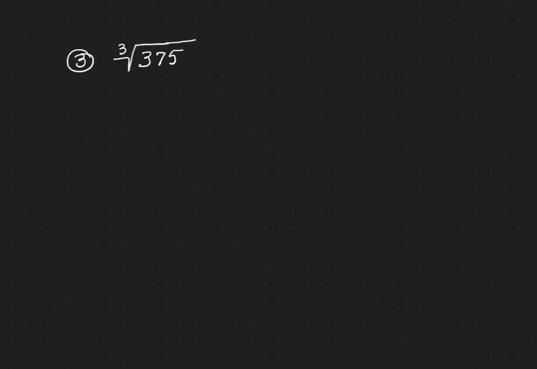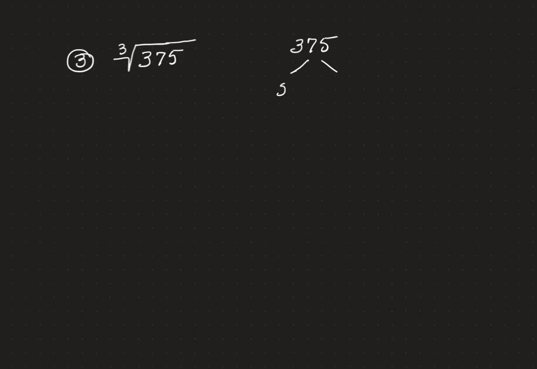Okay, but no, I do not have the cube root of 375 memorized. And at this point, I'm not exactly sure what the largest cube is in there, although as I'm looking at it, I'm suspecting it's going to be a 5. But here's how I can figure out what cubes are within 375. Once again, I'm going to factor.